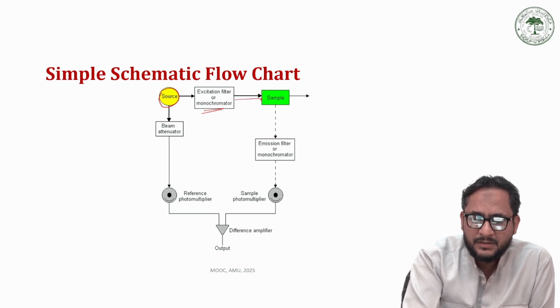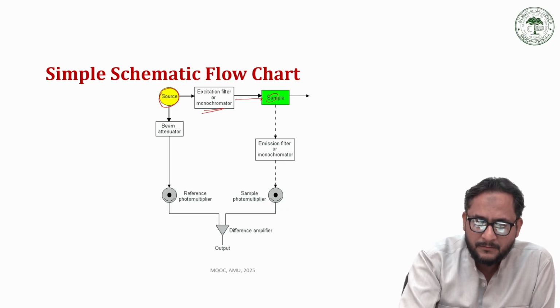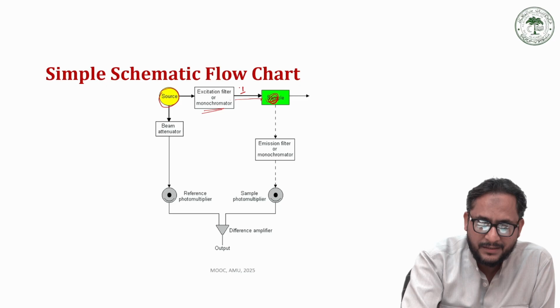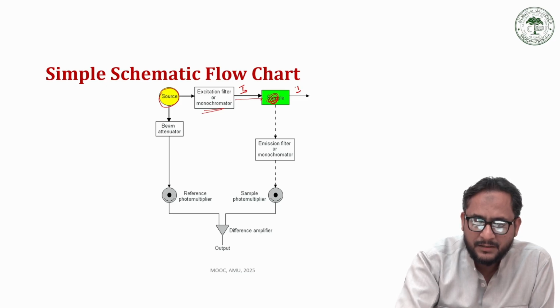When this wavelength passes through the sample, some of the light is absorbed due to interaction with the molecules of the sample, while the remaining light is transmitted, of course, in a straight line. If the intensity of incident light radiation is I naught, the intensity of transmitted light is I, and the intensity of light absorbed for causing excitation is I naught minus I, or maybe P naught minus P.